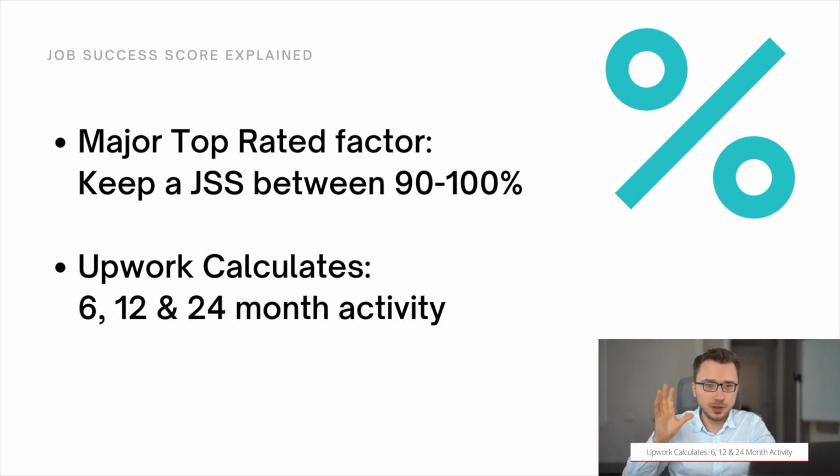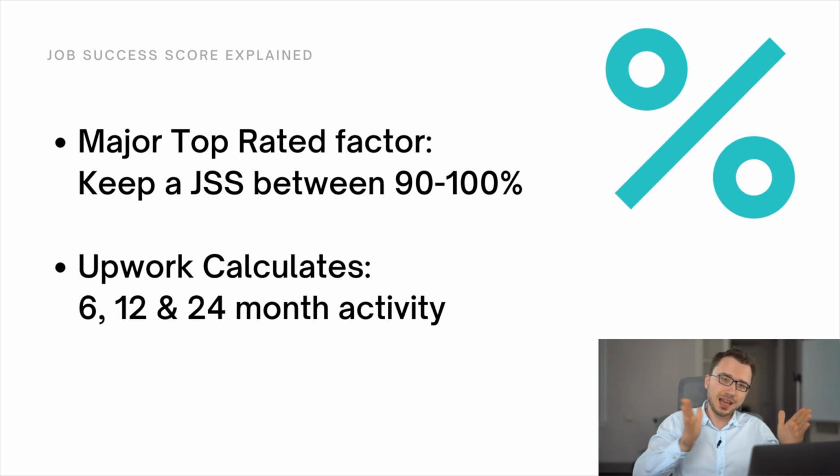And they're gonna give you the job success score based on whichever of these 3 is performing the best. So if your best one is 24 months, then that calculation is going to be your job success score and not your 6-month one. So if you have 24 months of good activity, but your last 6 months are less good, the 24 months is going to count towards your job success score and not as much the 6-month.